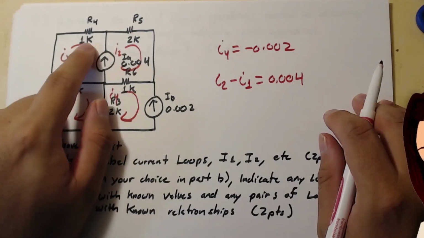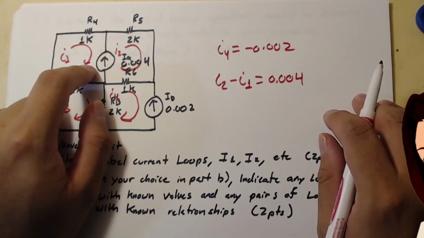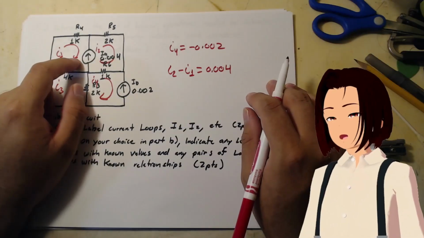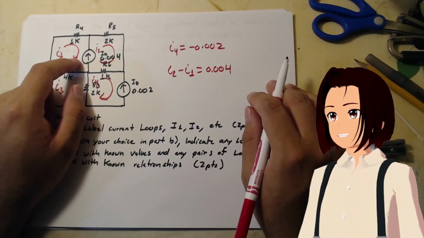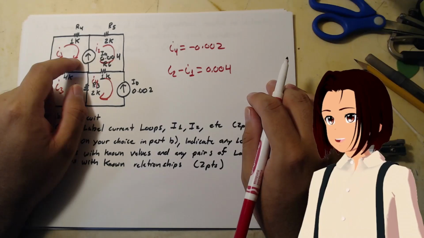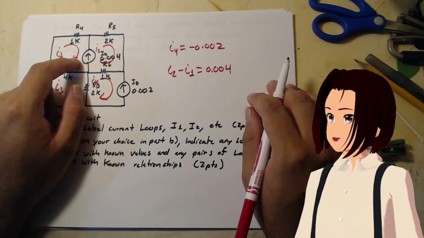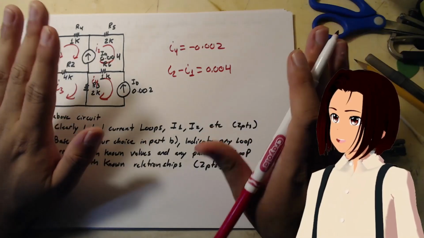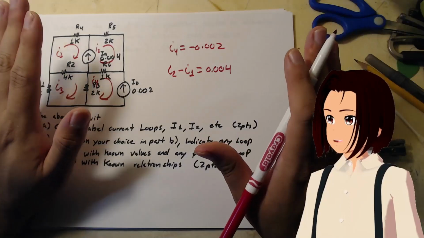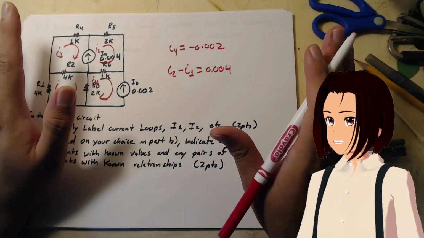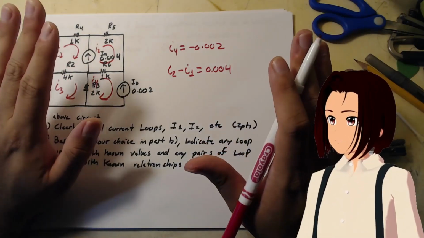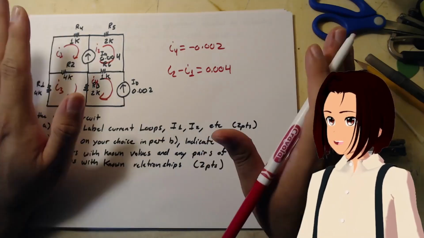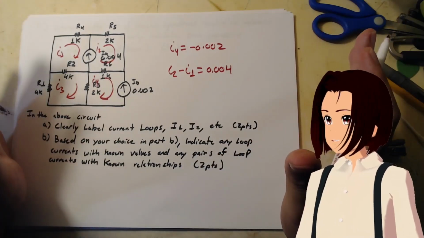Since this guy is going the opposite direction, it has the minus sign. So the reason why we do this is because of the rules of mesh analysis. If we were using just straight up KCL, KVL, and passive sign convention, if we're just using those, it could be fair game.